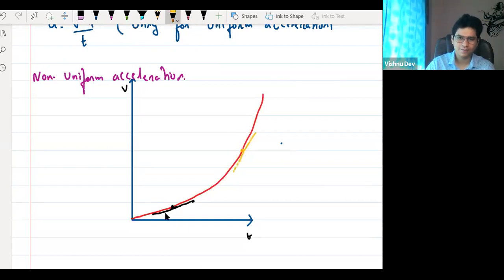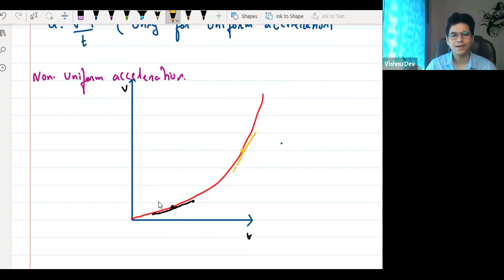So don't you think, sir, slope at these two points are actually changing? Means slope at each and every point is changing. Yes or no? So the acceleration is also changing at each and every point.